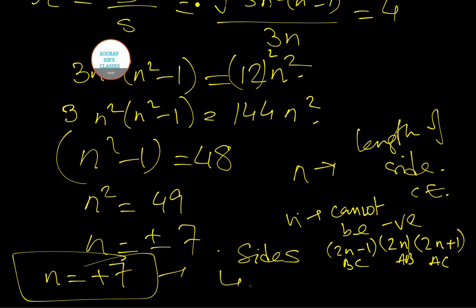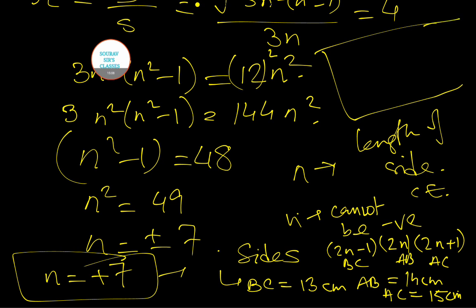So BC will be 2n minus 1, so 14 minus 1, which is equal to 13 centimeters. AB will be 14 centimeters and AC will be 15 centimeters. So the lengths of the sides are 13 centimeters, 14 centimeters and 15 centimeters, and this is our answer. Thank you.